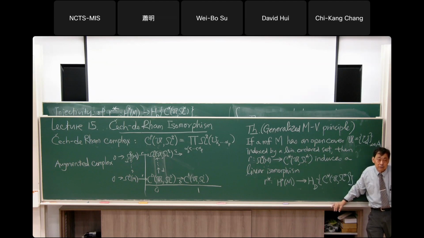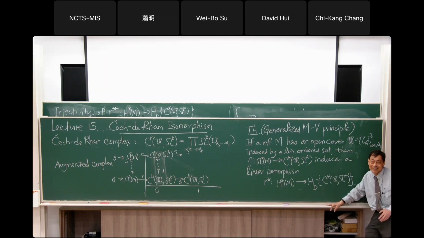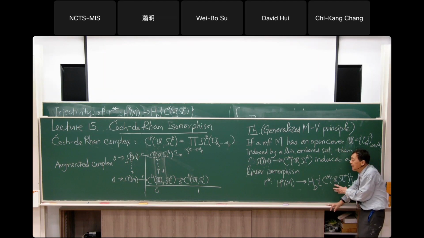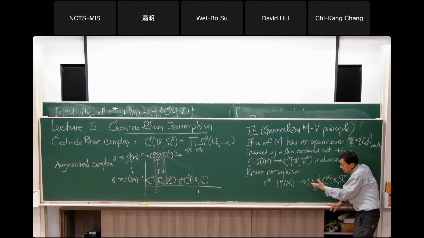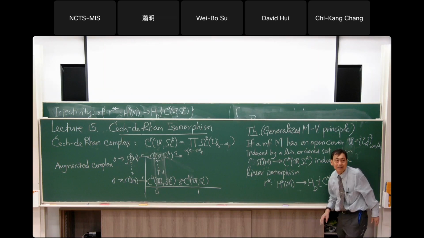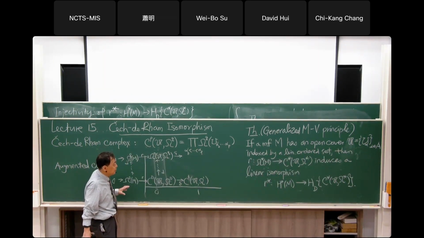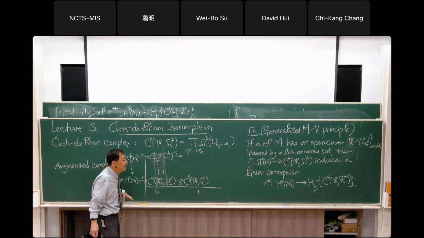It gives you a new way to compute de Rham cohomology, but it seems like the double complex is more complicated than the de Rham complex, right? So you don't usually compute de Rham cohomology this way, although in theory, it gives you a new method. And that's why now I want to introduce the Cech cohomology.